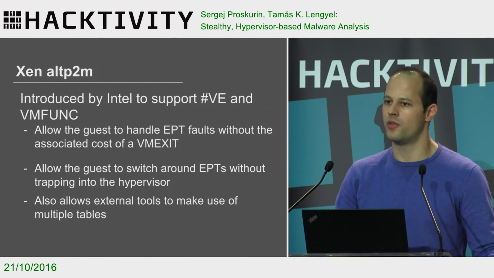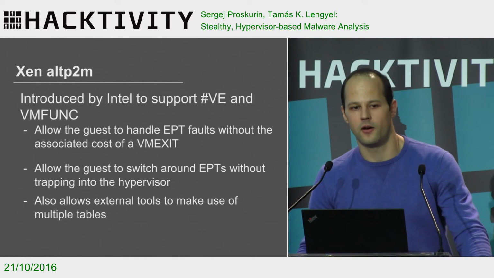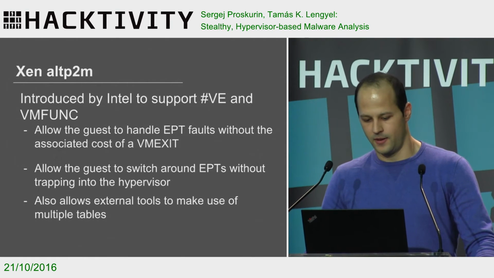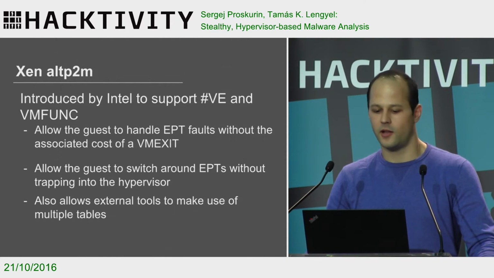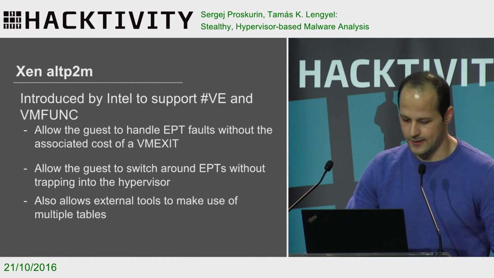And this can even be done without switching to the hypervisor. This means the original overhead of trapping into the hypervisor is thus eliminated. In combination with another feature called virtualization exceptions, Xen Alt-P2M even allows to handle EPT violations inside of the guest, which is pretty cool too.